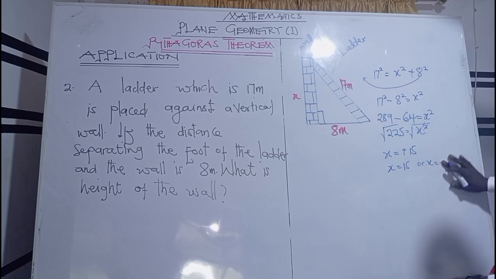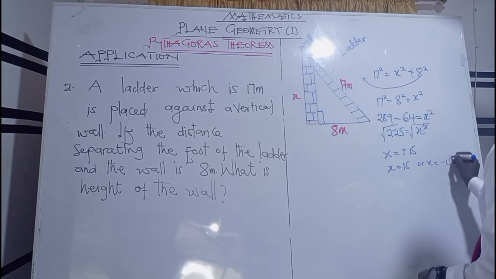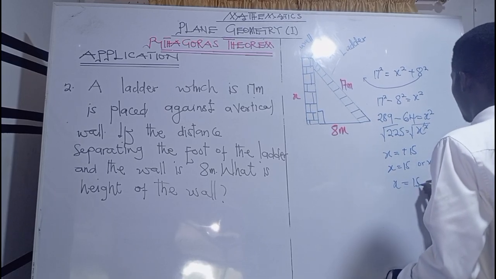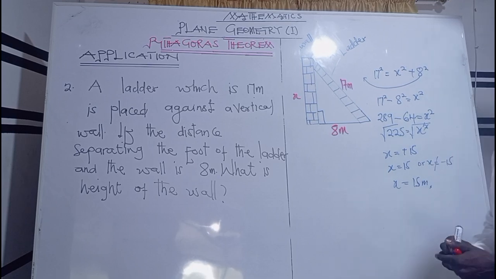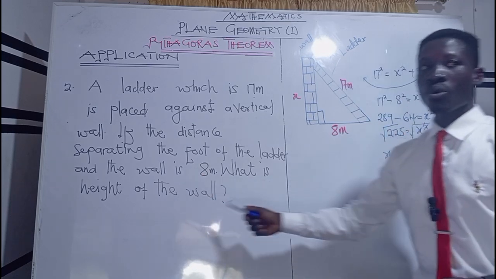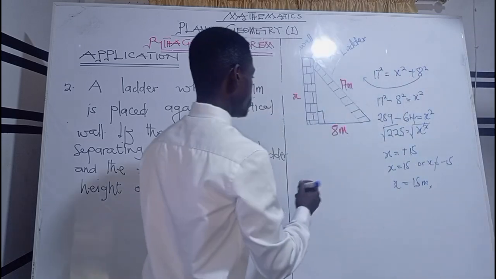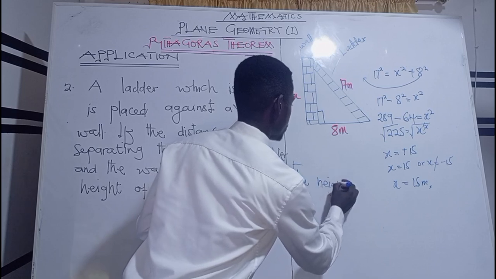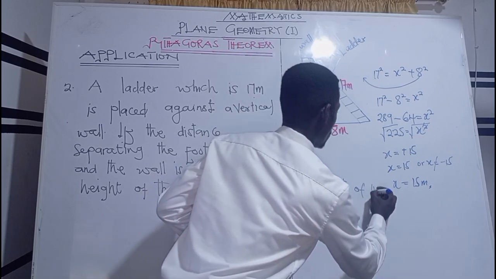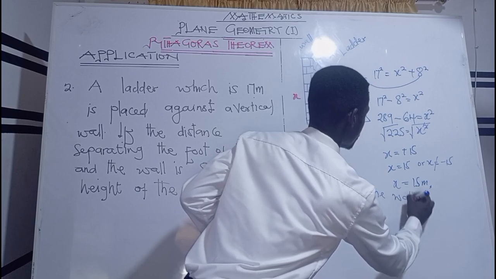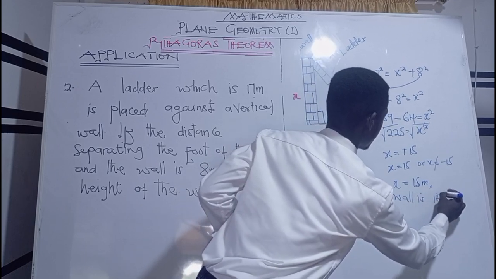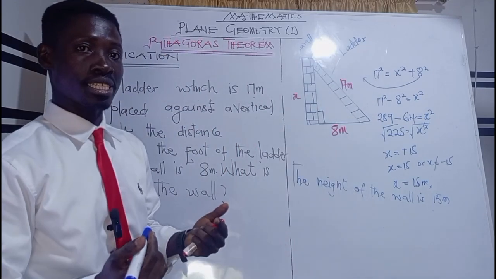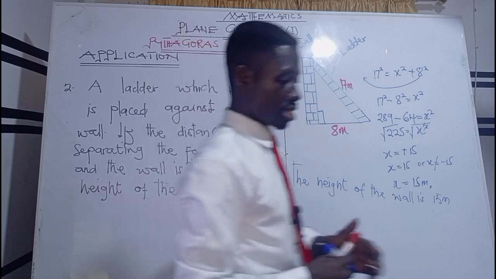But since we don't have negative length, we are going to pick our x is equal to 15 meters. So the height of the wall is 15 meters. Very, very simple. You see how simple it is? Good. Let's take another example.